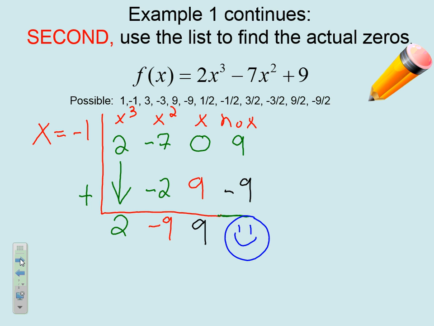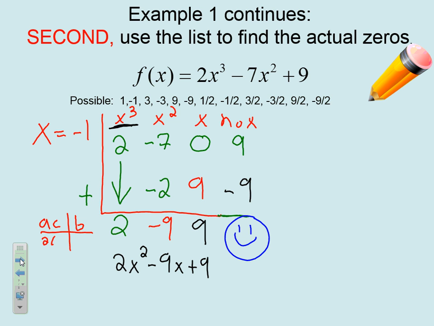Once we get here, we can take what's left. So I've got 2, and it's going to be x squared because it's 1 less than that, minus 9x plus 9. From here, it's a trinomial. We're going to use the AC method. So we're going to take a times c, add it up to b.